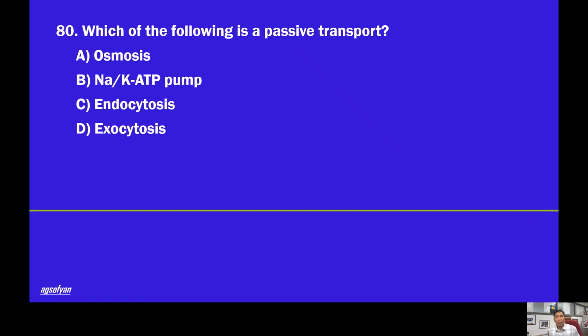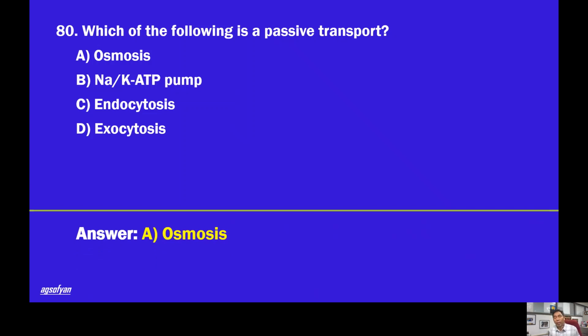Number 80. Which of the following is a passive transport? A, osmosis, B, sodium potassium ATP pump, C, endocytosis, D, exocytosis. Choose your answer. Yes, it's going to be osmosis.